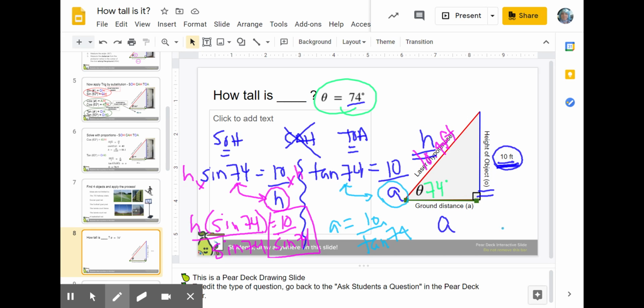So what do we want to round that to? 2.9 maybe? So H equals 10.4 feet and A equals 2.9 feet.